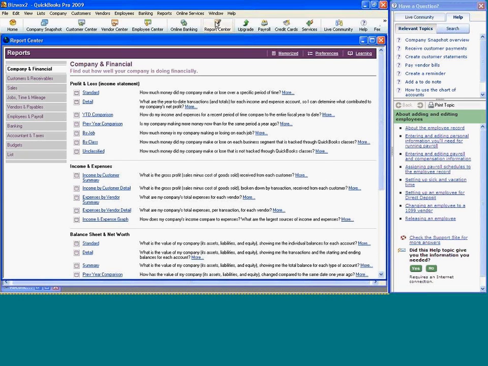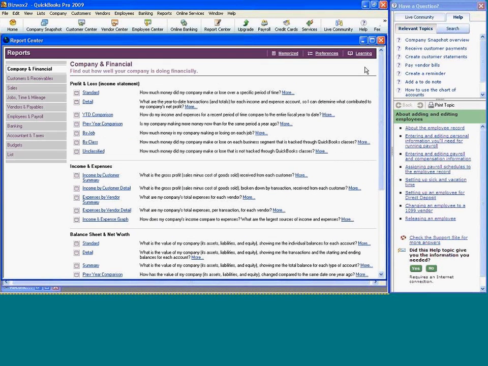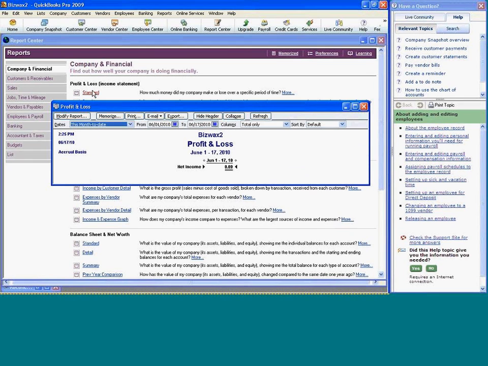Okay, this is a very detailed set of things. I hope we'll be able to do a lot of them. So the first one we'll do is the standard.